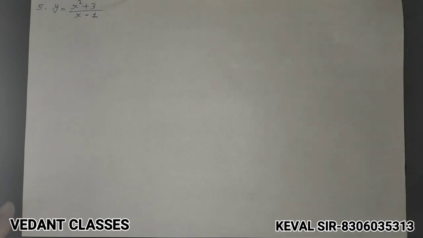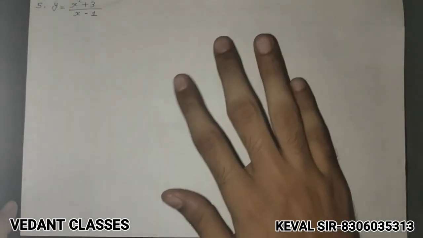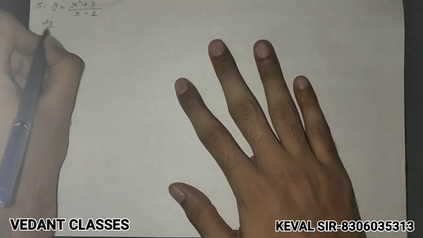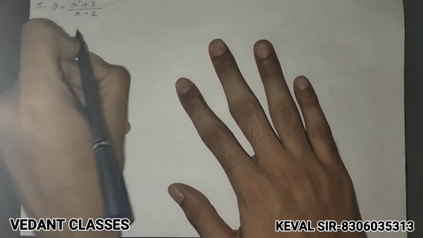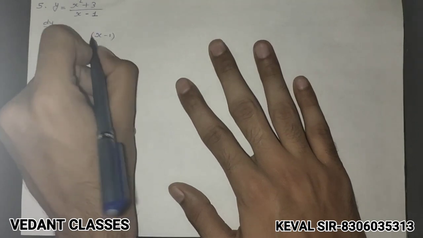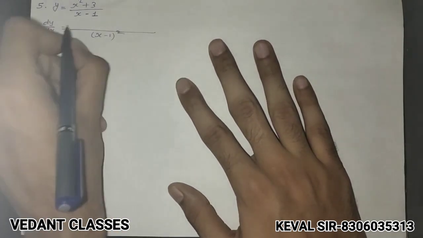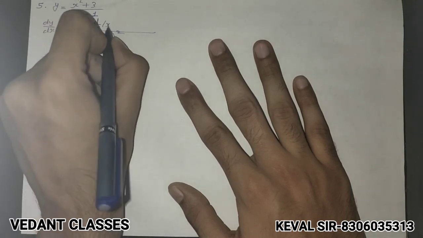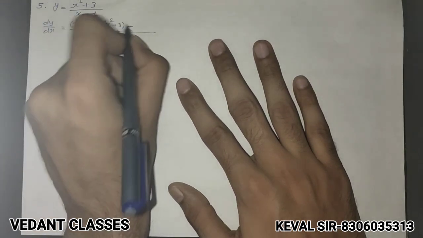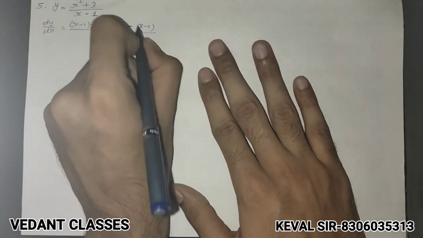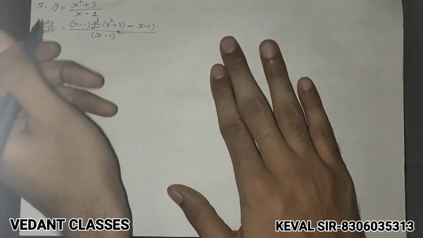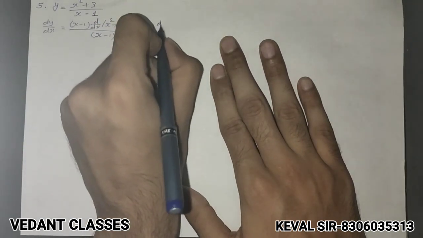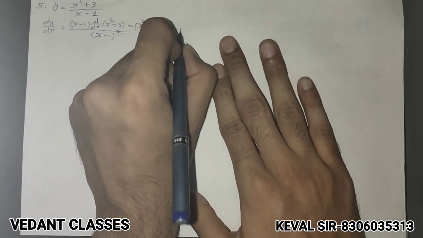Okay, now let's solve the next question. Y is equal to x square plus 3 upon x minus 1. So for this we can calculate dy by dx is equal to square of the denominator, keep denominator as it is, d by dx of x square plus 3 minus of x minus 1, x square plus 3 as it is, and derivative of x minus 1.